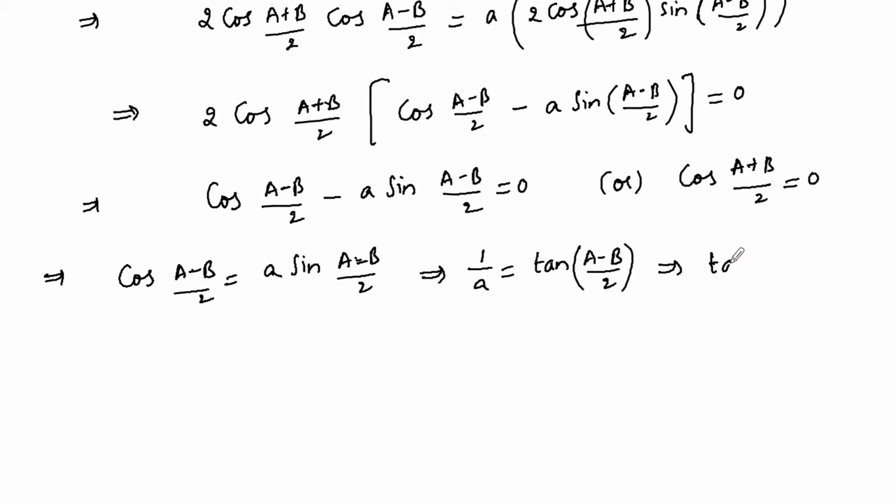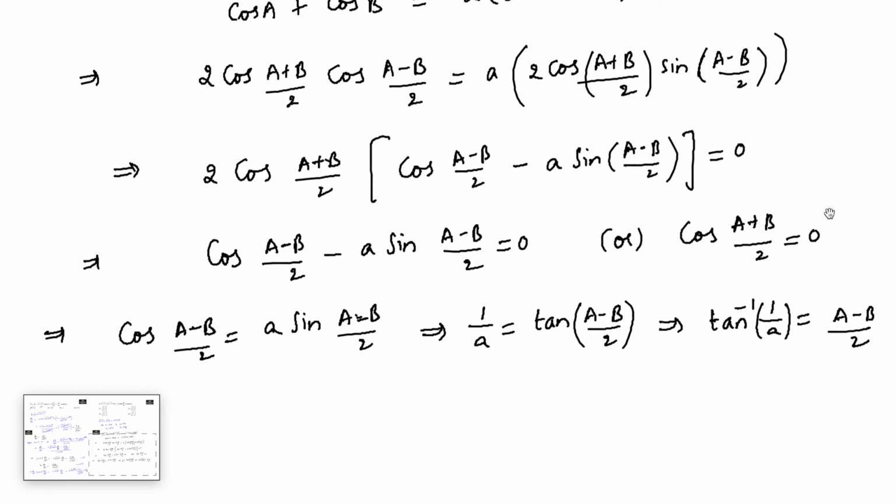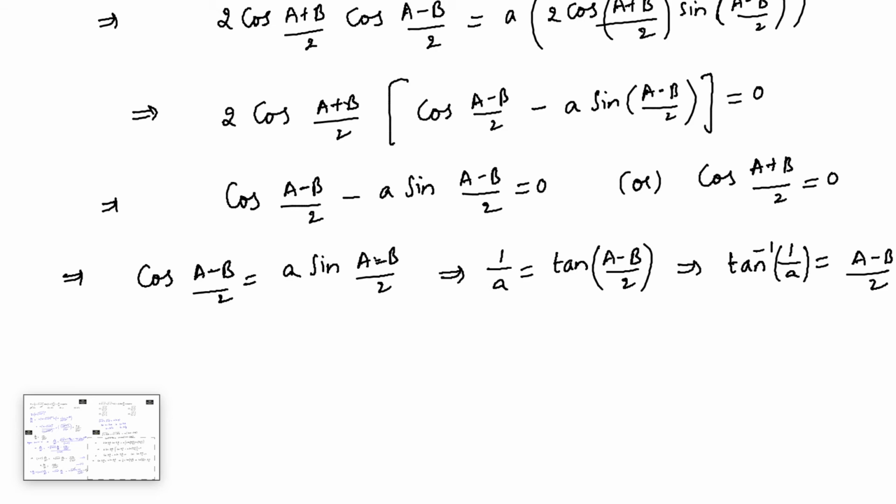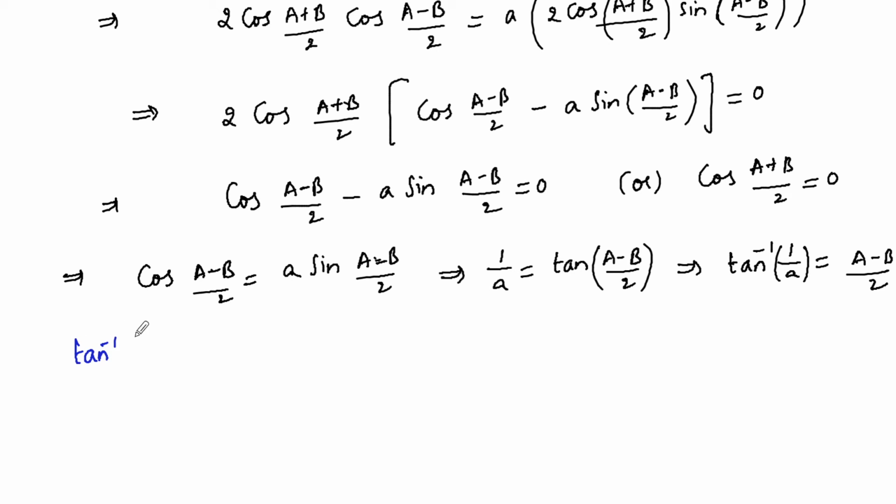Or we can write tan inverse of 1 upon a is equal to a minus b by 2. So here a is nothing but sin inverse x, b is sin inverse y. So we can write 2 times tan inverse of 1 upon a is equal to sin inverse x minus sin inverse y.